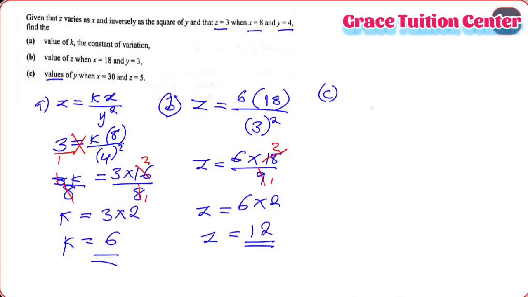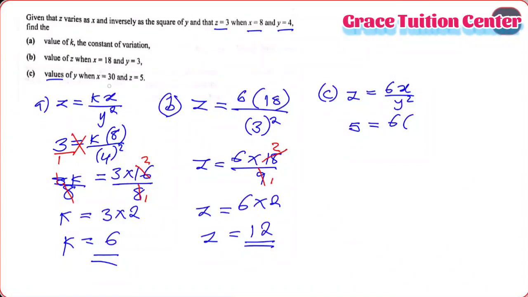So in our formula, the formula z is equal to kx over y squared. We know what k is, so we say z is equal to, where there's k we put 6, x over y squared. Where there's z, they're saying we put 5, so we put that 5 is equal to 6.